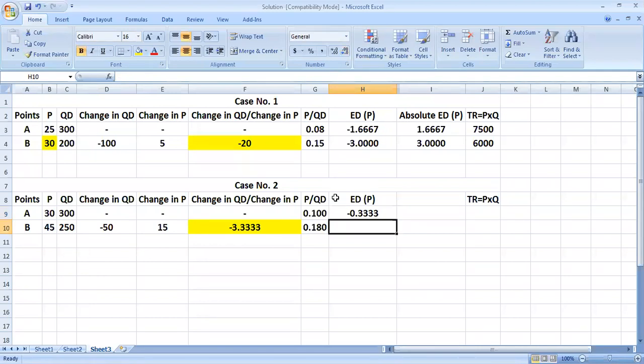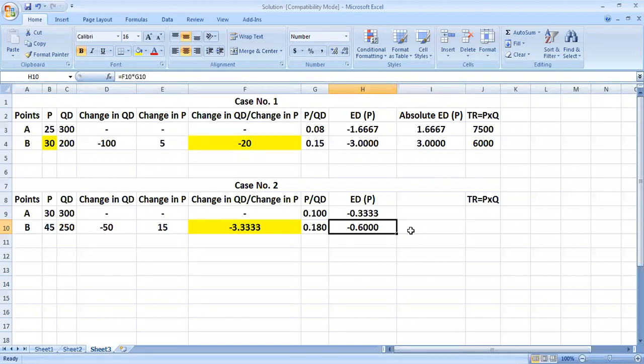Okay, now look at the elasticity of demand with respect to price at point B. Let's multiply minus 3.3333 with 0.18 to obtain the answer as minus 0.6.